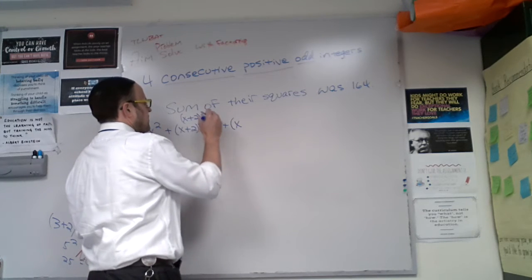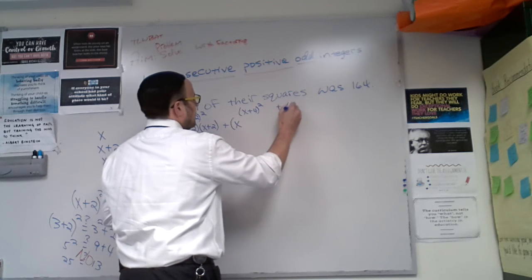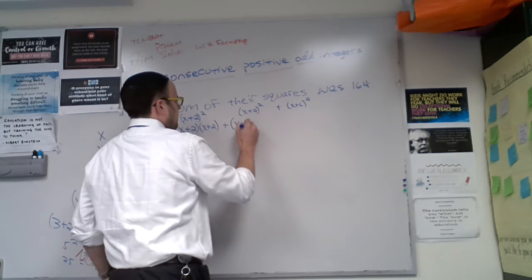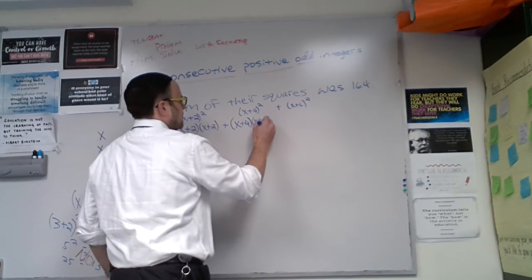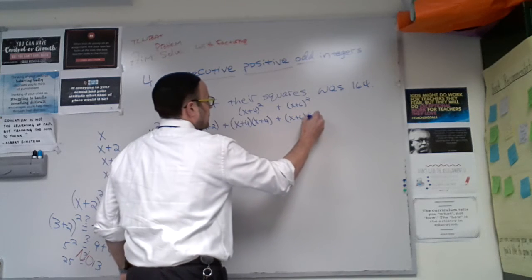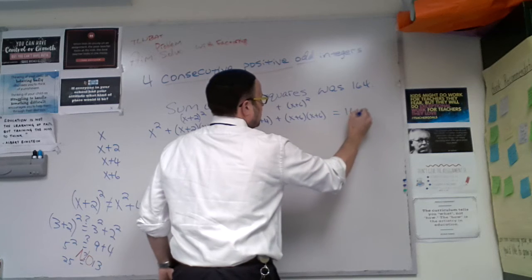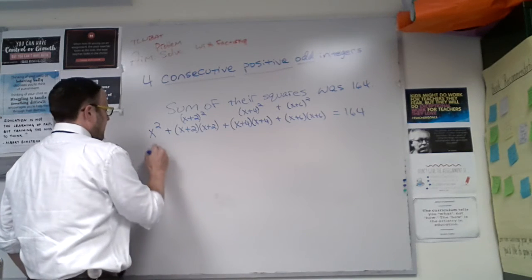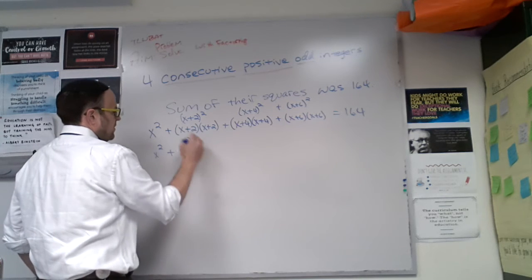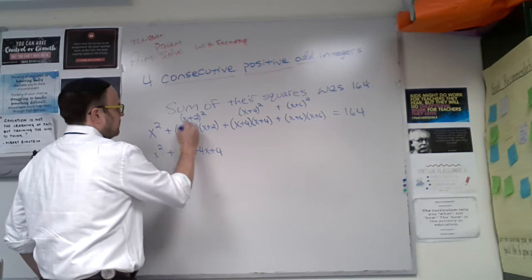This was x squared, x plus 2 squared, x plus 4 squared, x plus 6 squared. Okay, so I have x squared plus 4x plus 4, right?